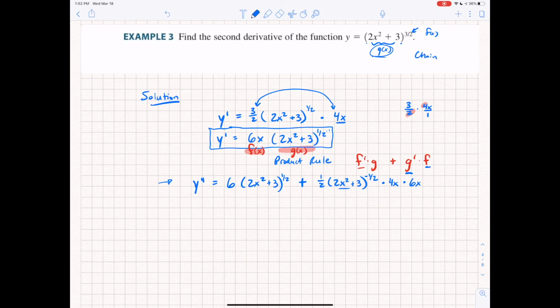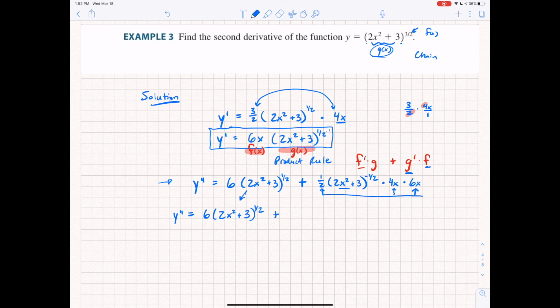So I'm going to take it one step further, just showing you how things could simplify and work themselves down a little bit. All right, now there's nothing to simplify here in this first term. This term is just going to carry down. It's the second term that I can simplify, and it's really, again, everything on the outside of what's in parentheses. So this 1/2 here, this 4x here, and the 6x here.